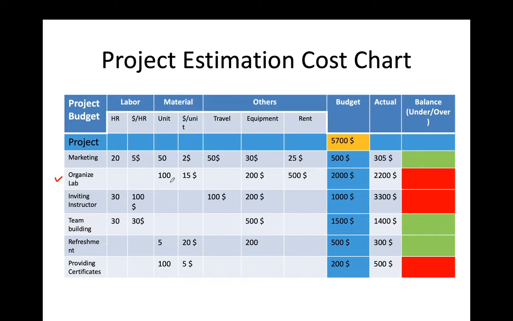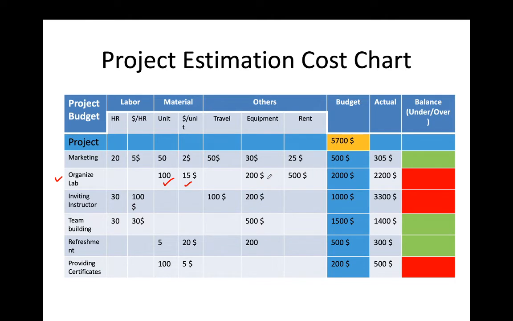How many students are there? There will be a maximum of 100 students. So we have to put 100 laptops or 100 systems in the lab. And what is the per unit cost? That is 15 US dollars.